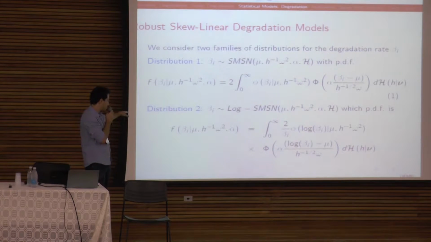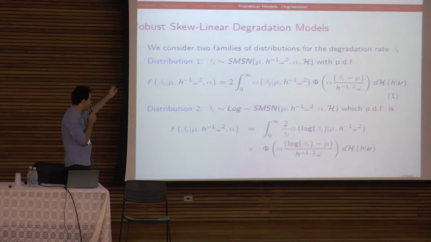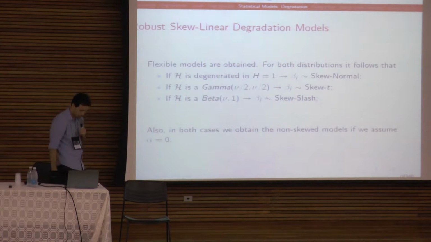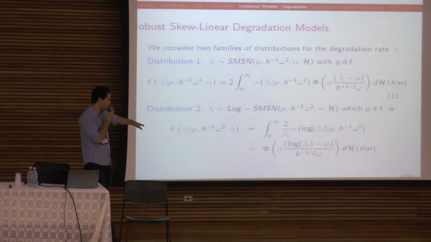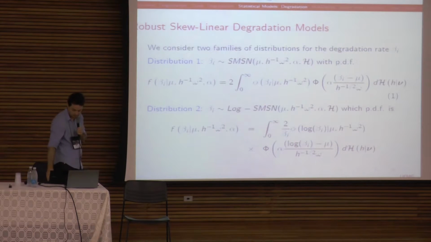And the other distribution we assume for beta i is log of scale mixture of skew normal. It's just the log version of the scale mixture of skew normal. The advantage is the distribution puts mass of probability just over positive values of beta.